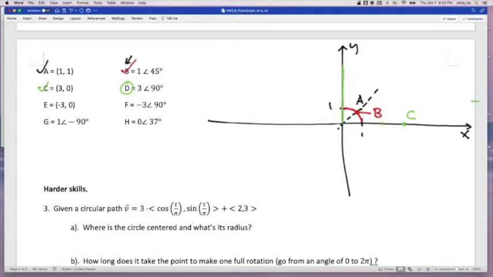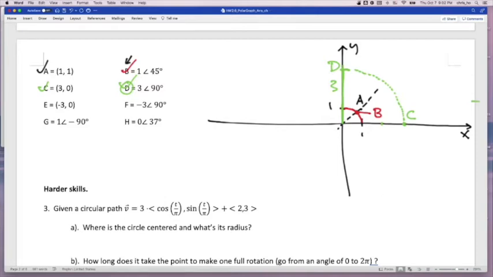I'm using green color now. 90 degrees from the positive x-axis and 3 units. So if I were to draw again an arc of a circle, I'm not a very good artist, sorry, then 3 unit length would be here. So that would be my point D. Okay, so D is done.